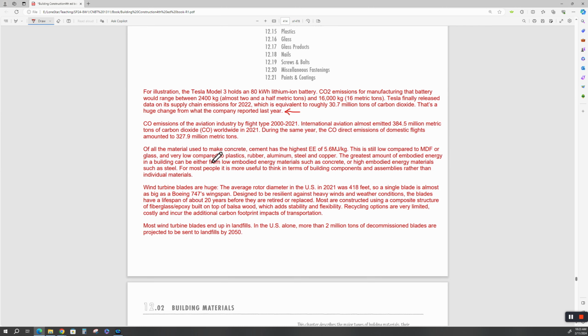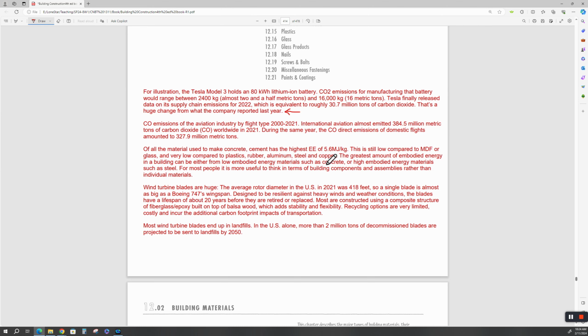Of all the materials used to make concrete, that cement has the highest EE, embodied energy, okay? All right. This is still low compared to like MDF board or glass manufacture, and very low compared to plastics, rubber, aluminum, steel, and copper.